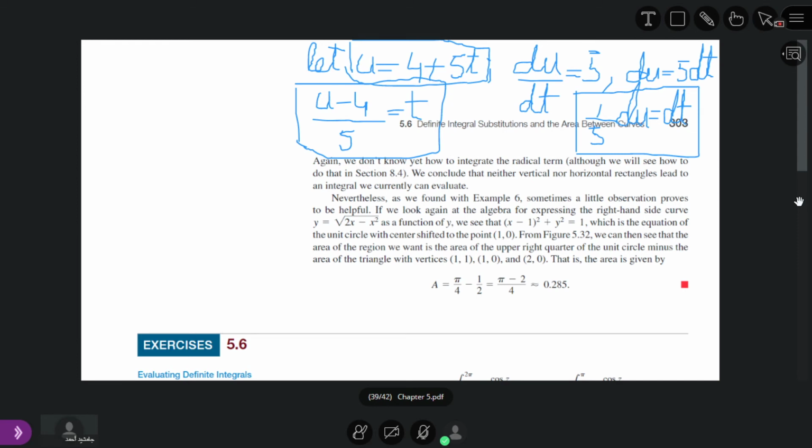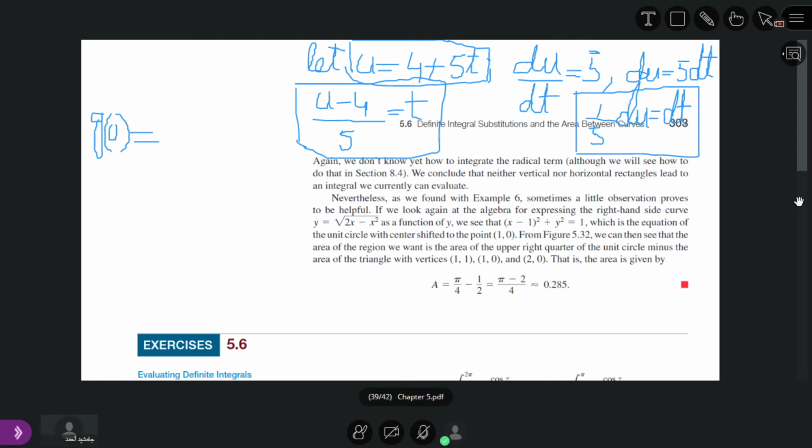Now which things are remaining? We need two things, upper limit and lower limit. It means g of upper limit and lower limit. So what is lower limit? It is equal to g of 0. Here u is equal to g of t, which is equal to 4 plus 5t.